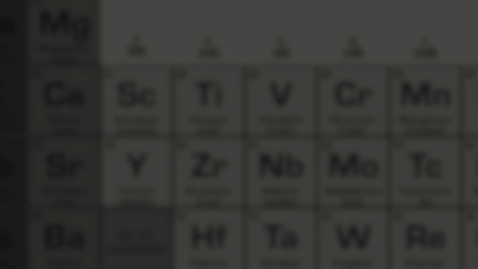The periodic table is also an essential tool in environmental science. By examining elemental composition, scientists can identify pollutants, trace their sources, and understand their behavior in ecosystems.